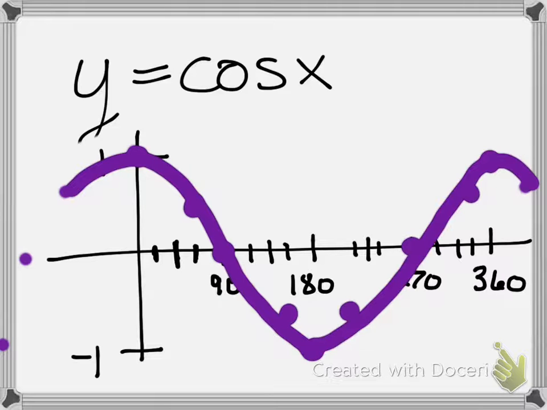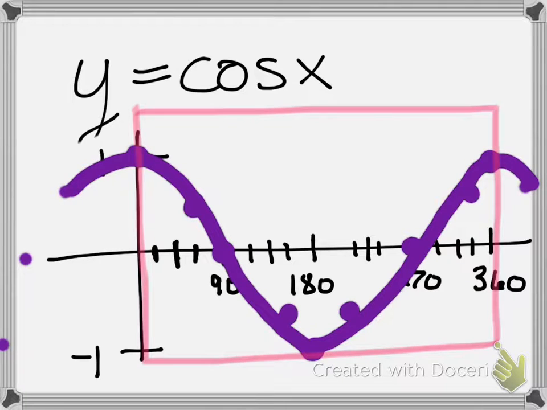So the sine function, we actually got the full, whereas now the cosine, we just get that. Now, same type of thing here. If we only look at this section, this is the section that gets copied and pasted over and over again.